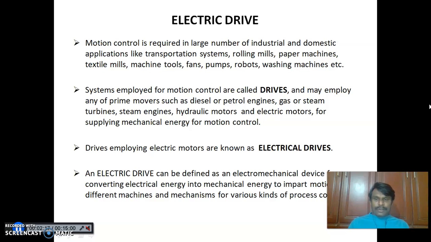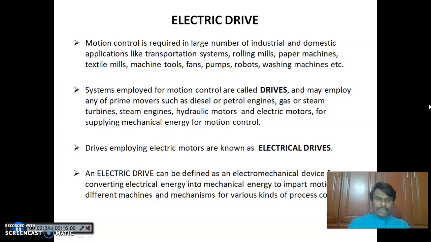It may use any prime mover, such as a diesel engine, petrol engine, gas or steam turbine, steam engine, hydraulic motor, or electrical motor, supplying the mechanical energy for the motion control.